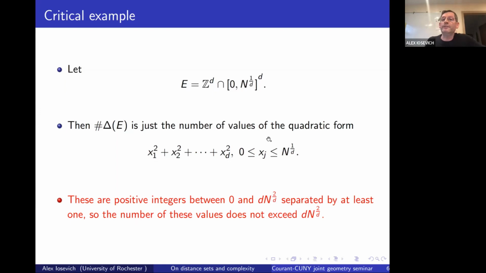So what this says is that in general, we cannot expect n points in d-dimensional space, d bigger than or equal to 2, to determine more than n^(2/d) distances up to constants and logarithms. The one-dimensional case is silly. Because as we know, in dimension 2, the number of values this quadratic form takes on is actually n divided by the square root of log n.